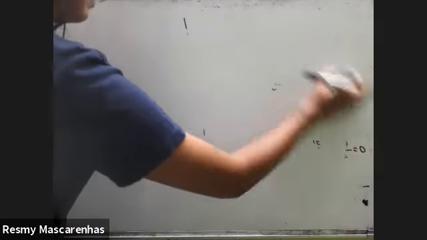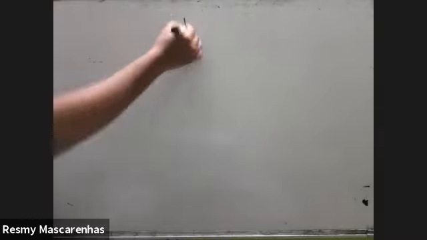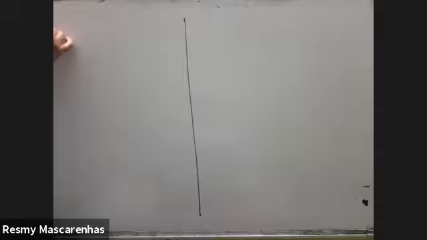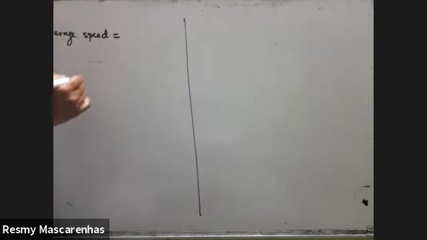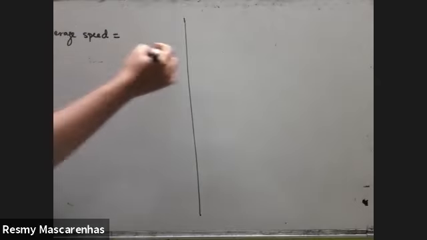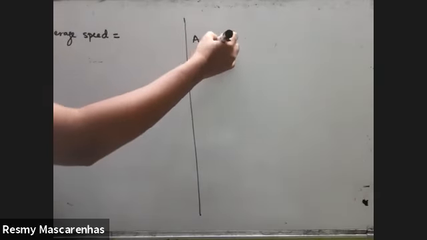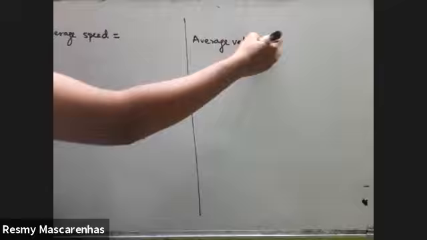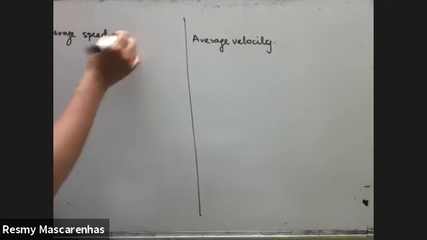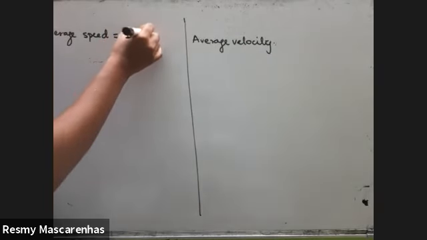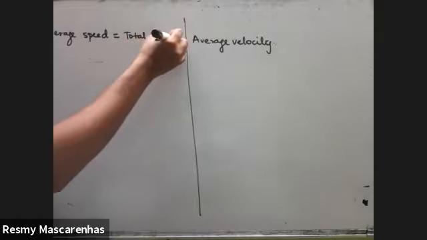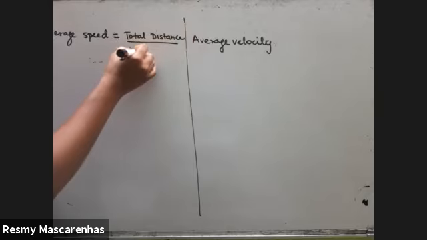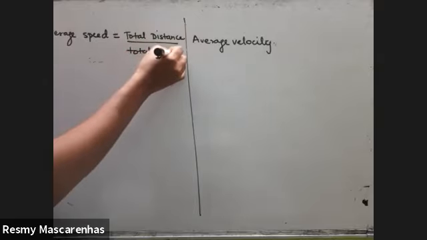The next word you will come across is average speed. Same way we will have average velocity. So it's nothing but total distance upon total time.